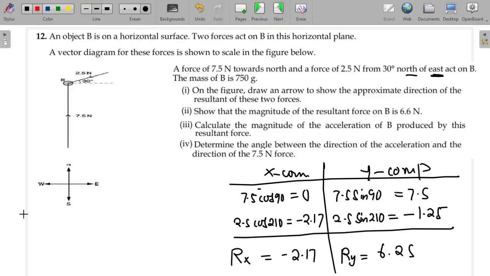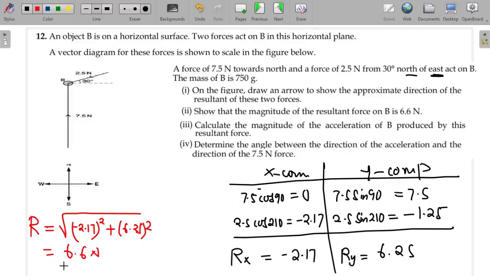So now I can find my resultant. My resultant is equal to the square root of minus 2.17 squared plus 6.25 squared. When I punch it on my calculator, the magnitude is giving me 6.6 newtons.